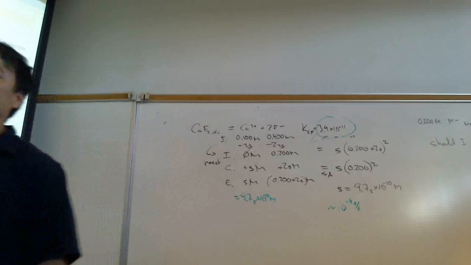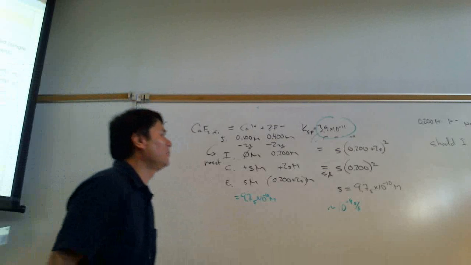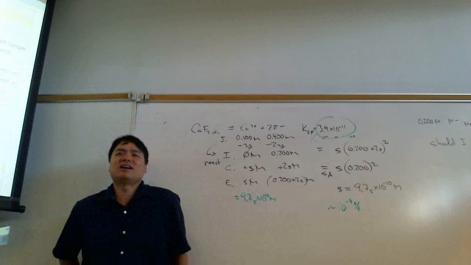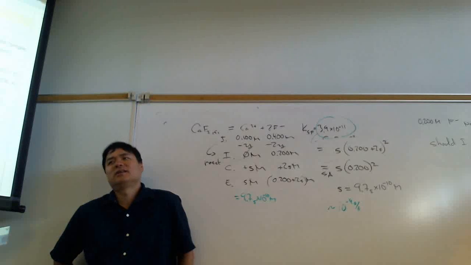You think that'll do it? Yeah, I could try 40, but 40 molar fluoride is not enough. Do you think I can get 40 moles of fluoride in a liter? Probably not. But I could try 400,000 molar. Will it do it?